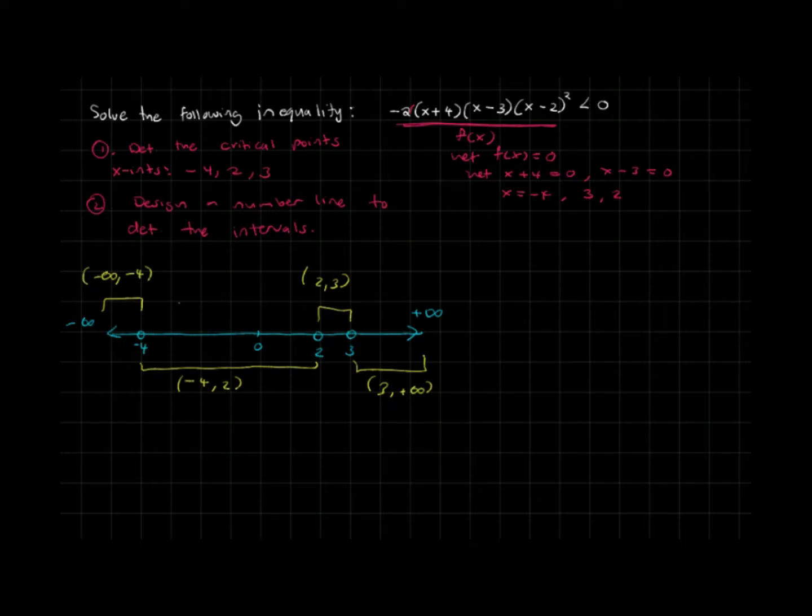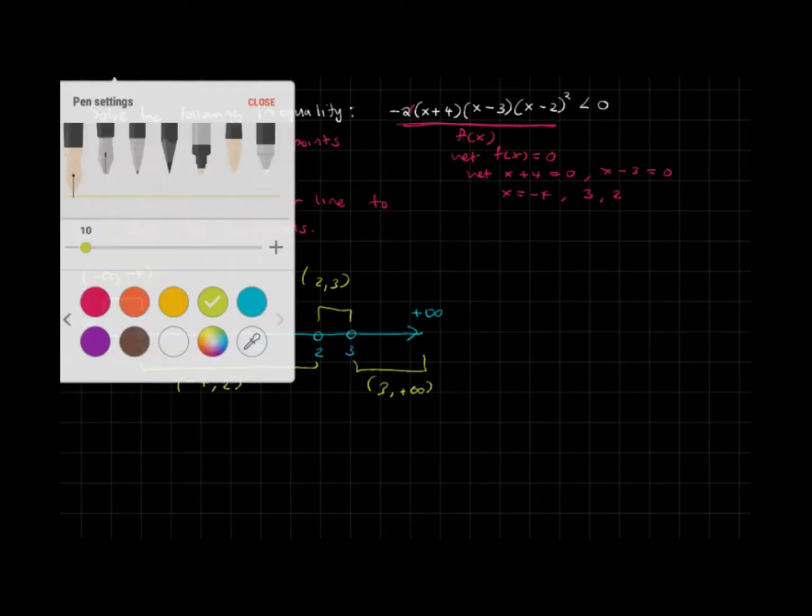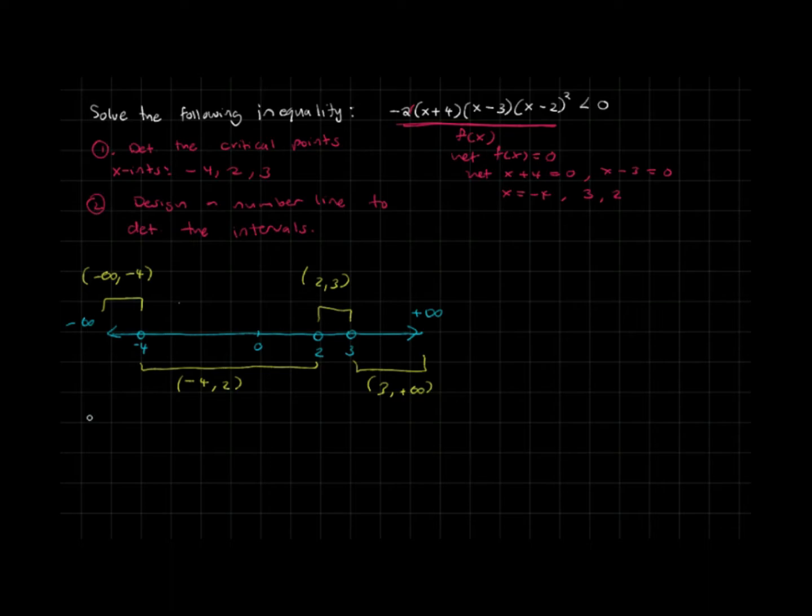So now we have 4 intervals, and after you create your intervals, the third step here is designing a table of intervals to test which of these intervals, which values of x will cause the expression to be less than 0. To do that, I'm just going to design a table of values of intervals.